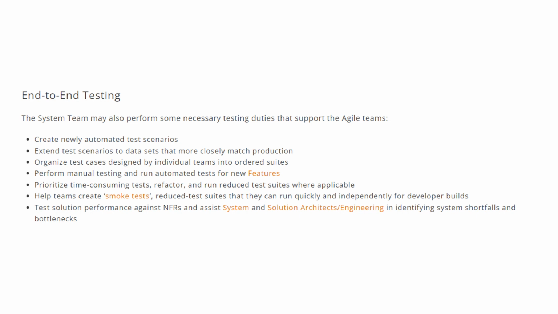They perform manual testing as well as automated testing for new features, prioritize the time-consuming tests, refactor them, run reduced test suites where applicable, and help teams create smoke tests. They reduce test suites so they can run quickly and independently for developer builds, test solution performance against NFRs, and assist system and solution architect engineering in identifying system shortfalls and bottlenecks.